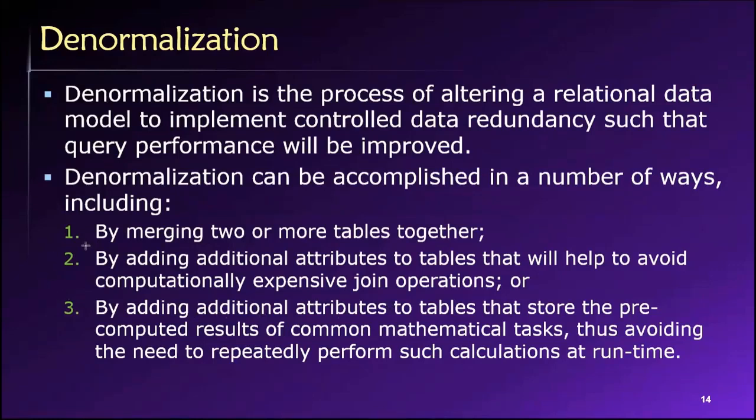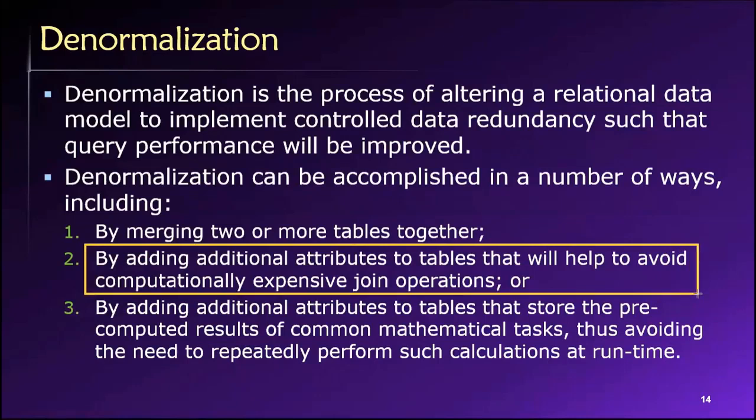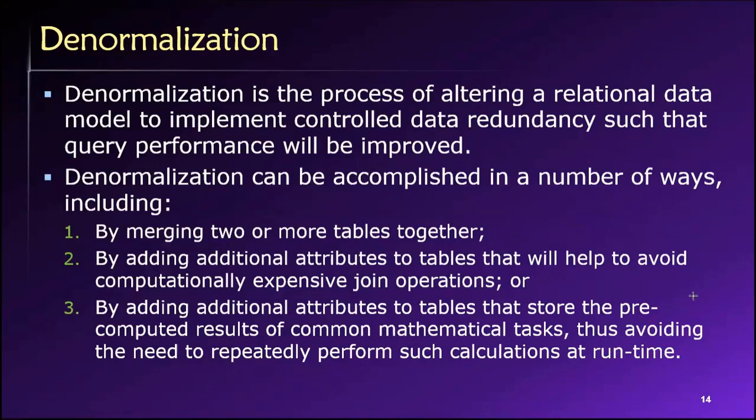So our second strategy then is we can add an additional attribute to a table that will allow us to avoid a join operation. One thing that I will note when we do this is that we are adding redundant data to the database.